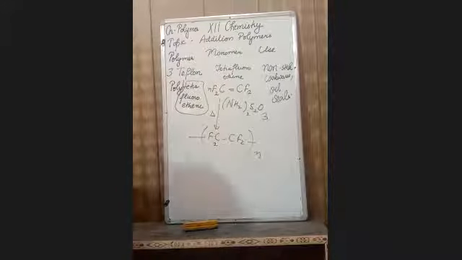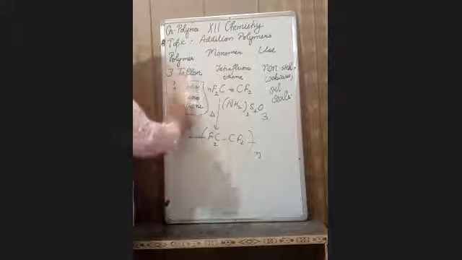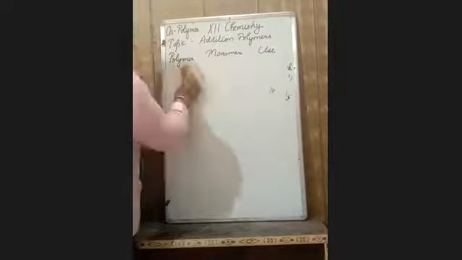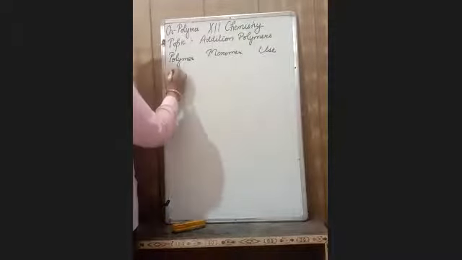The fourth polymer is polyacrylonitrile, also known as PAN.